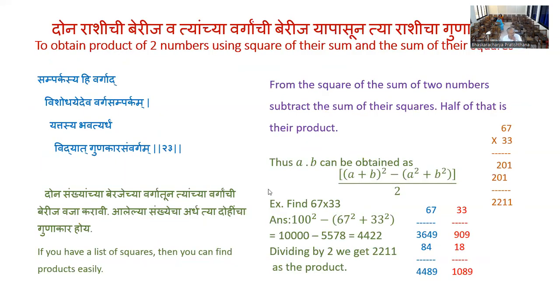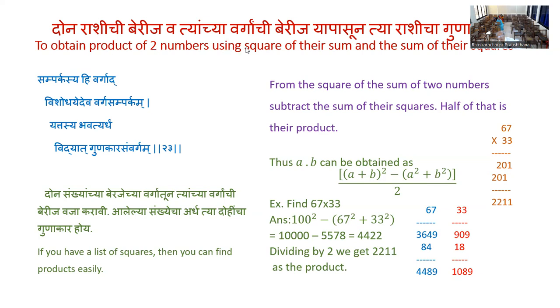Now this is the 23rd verse, which tells you how to find out the product of two numbers in a different way. So the formula that is used here is a into b is (a plus b) square minus (a square plus b square), divided by 2.